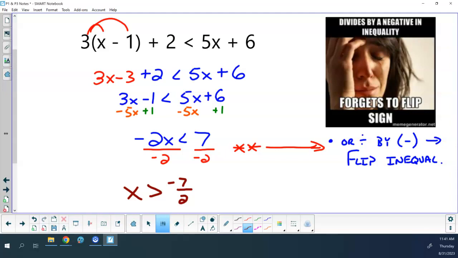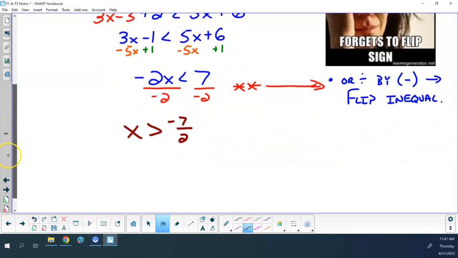If we wanted to, we could give that now as an interval. If we wanted to, we could give that in graph form.